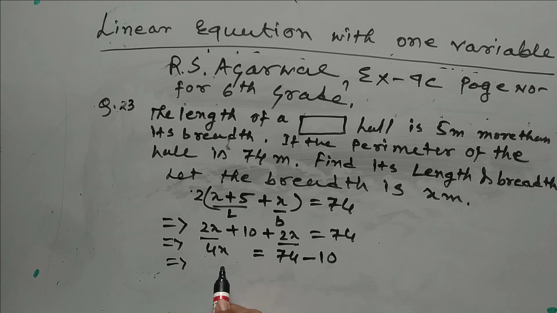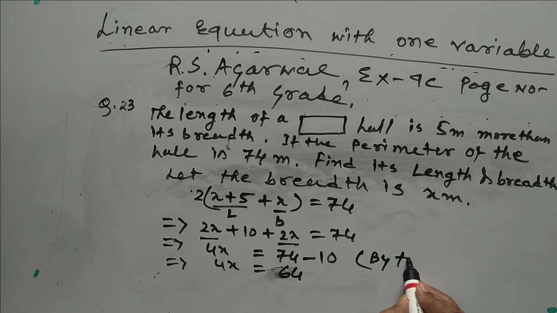So 4x equals 64. Now by transposing, now I have to divide it.